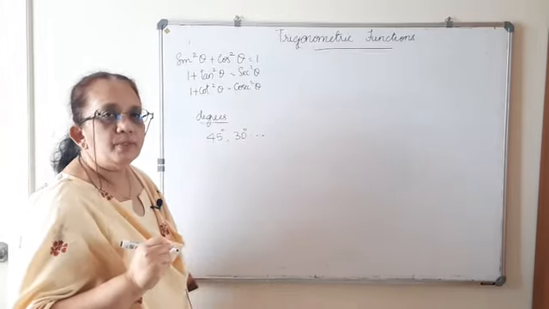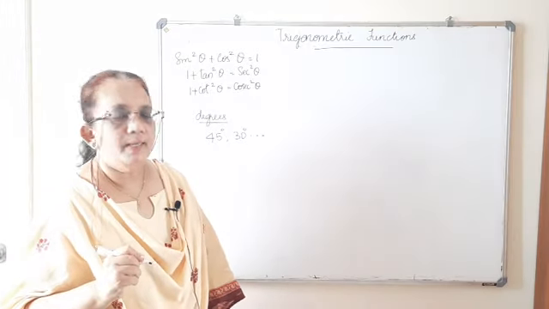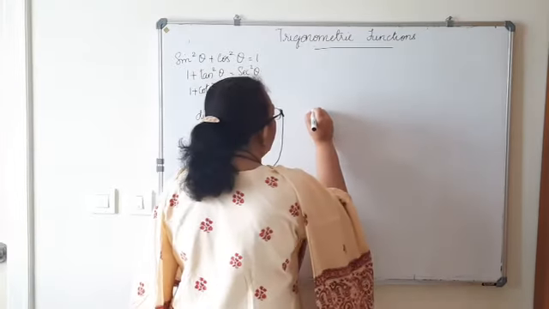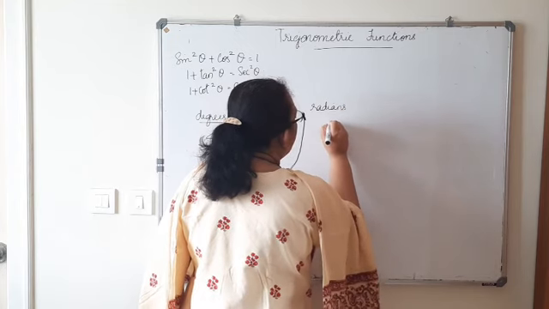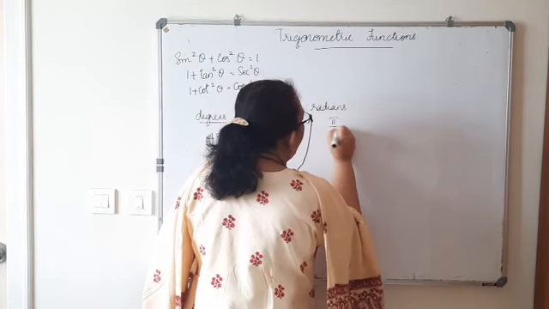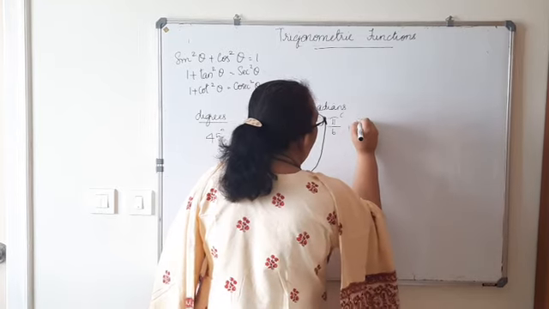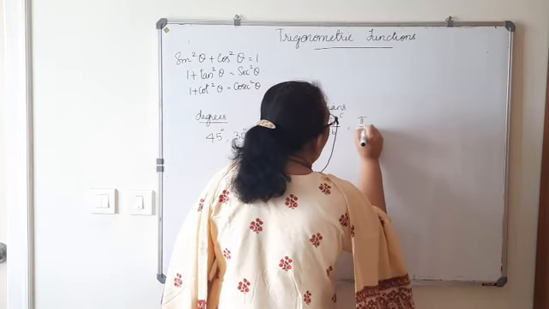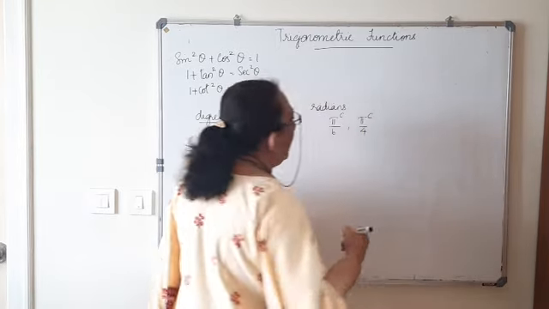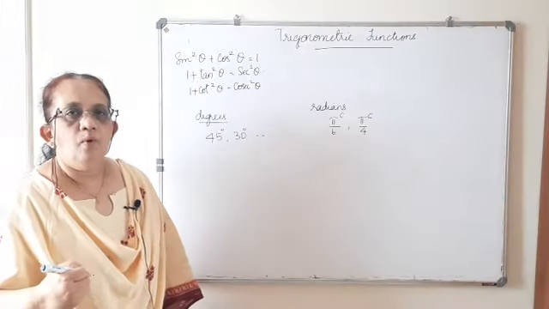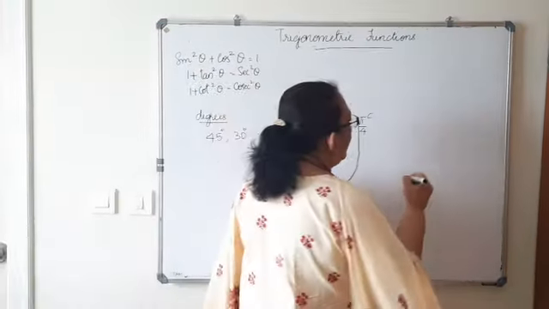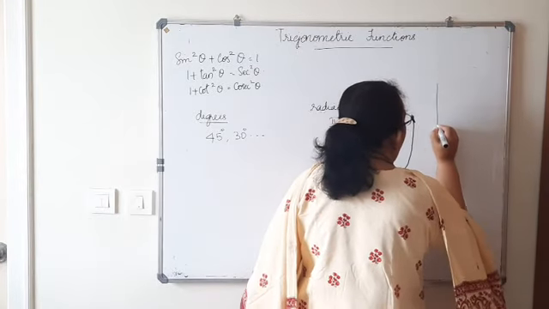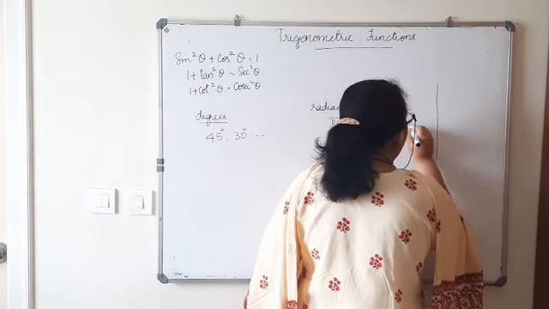But now you are going to study one more new unit, called radians. It is denoted by pi by 6 radian, pi by 4 radian, and so on. Now, what do you mean by a radian? Consider a circle.